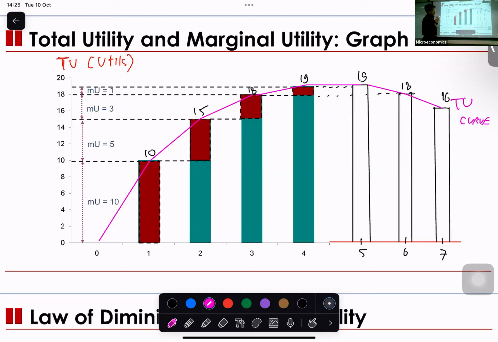When we see this TU mountain, it says that as he drinks more and more beers, total utility keeps rising. But at some point, it will hit the max. And beyond that point, if he continues to drink more beer, TU instead falls.